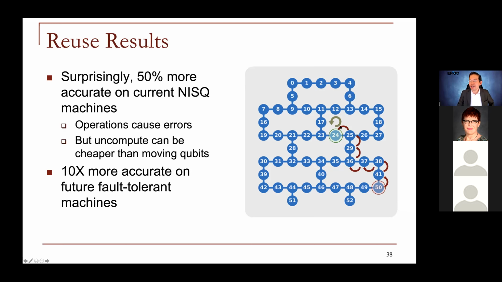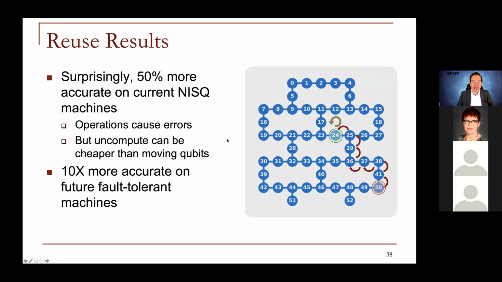So we can either uncompute at 24, or we can, say in this case, move a qubit that's free or hasn't been used from position 50 over to 24. But these red arrows represent swaps, which cost us gates, and those gates reduce the fidelity of the computation, right? And so what was surprising was that uncompute, if you're strategic about it, can be fewer gates than communication. And that ended up giving us about 50%.